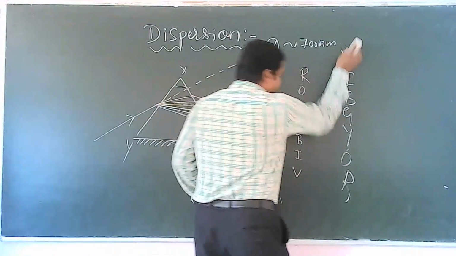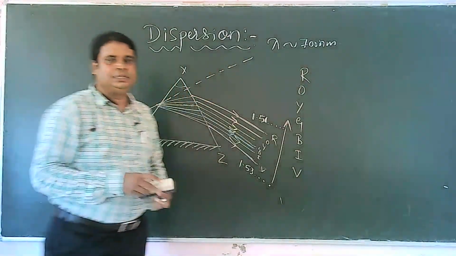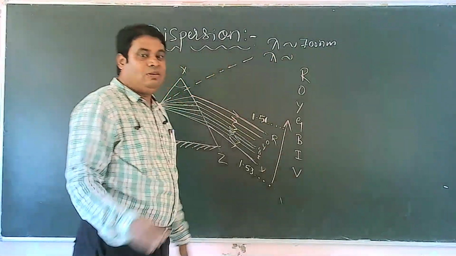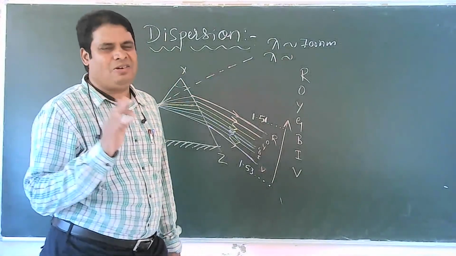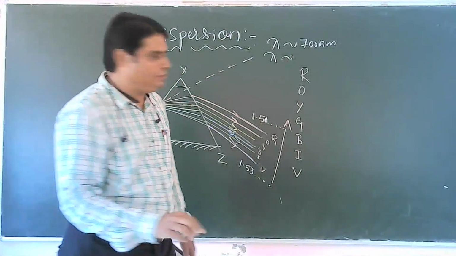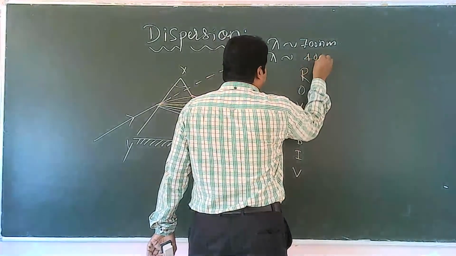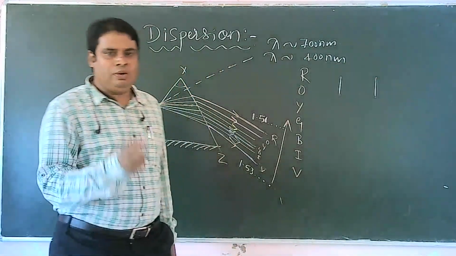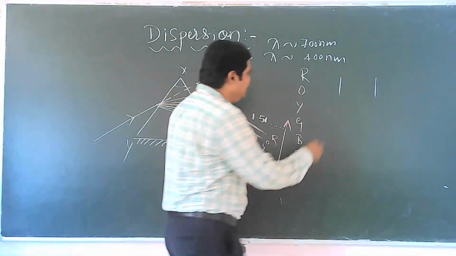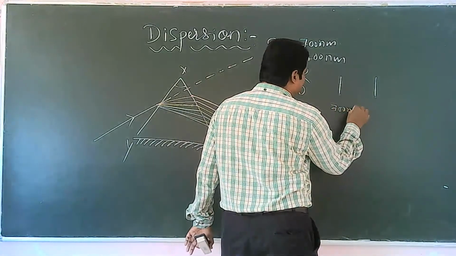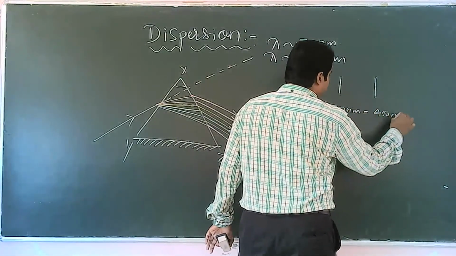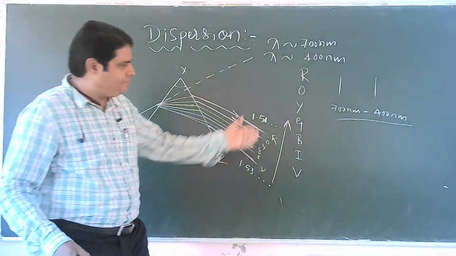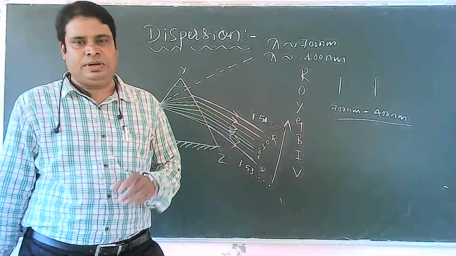And the wavelength of violet is nearly equal to 400 nanometer. Our whole visible region lies between this 700 nanometer to 400 nanometer. These are rough values anyway. Let's remember these values only, 700 nanometer to 400 nanometer.